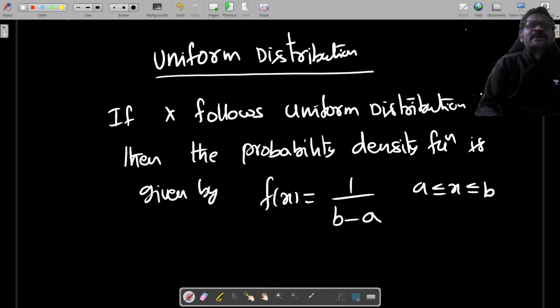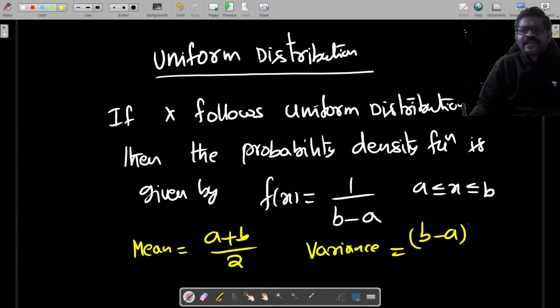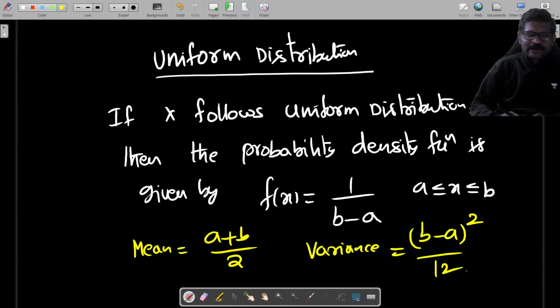The mean of the uniform distribution is a plus b by 2, and the variance is (b minus a) whole square by 12. If x follows uniform distribution in an interval a b, then the probability density function is 1 by b minus a, whose mean is a plus b by 2 and whose variance is (b minus a) whole square by 12.